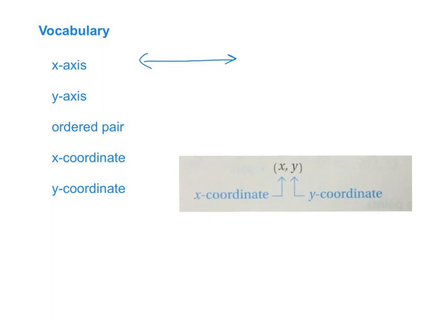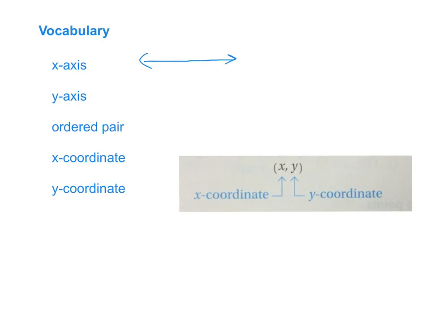The reason there are arrows at the end of my line is because lines go on and on and on forever. Does your x-axis ever end? Not really. Of course, on your paper it ends because you can't draw it on forever, which is why you draw these arrows to show that it would go on and on forever if you could. So x-axis, as you know, is the horizontal axis on a 2-coordinate graph.